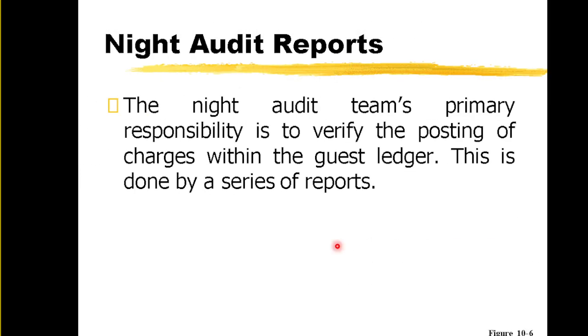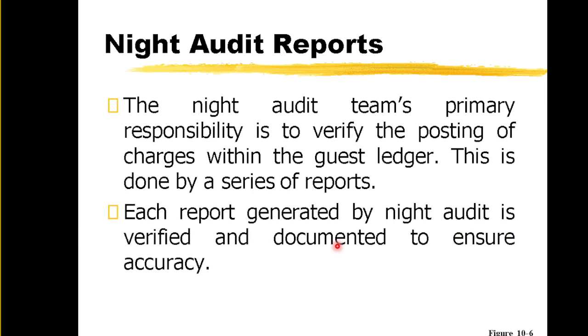The night audit team is primarily responsible for verifying the posting of charges within the guest ledger, and this is done by a series of reports. So it's not just one, but a series of reports. Each report generated by night audit is verified and documented to ensure accuracy.